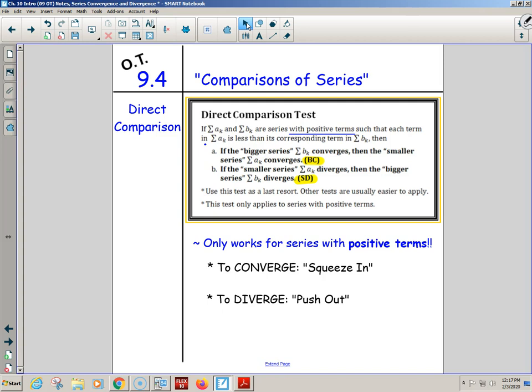Now, wait a minute. What's the next case? The bigger is the unknown. The smaller is the one that you know. Okay? So, what if the smaller is converging? Do we know what she's doing? Could she be diverging? Could she be converging? Yeah, I don't know. But what if the smaller diverges? She has to diverge with me, right?